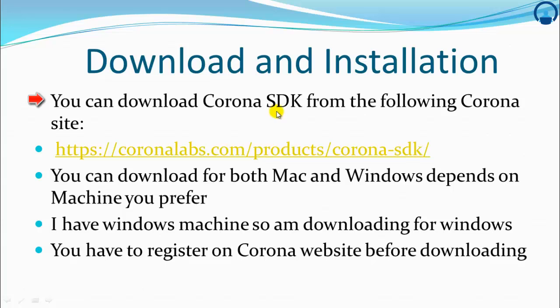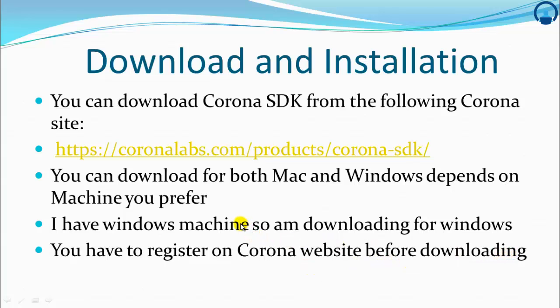Now let's see from where Corona can be downloaded. It can be downloaded from here, make a note of it. You can download it for both Mac and Windows depending on the machine you prefer. I have a Windows machine, so I have already downloaded Corona. Note that you have to register on the Corona website before downloading.